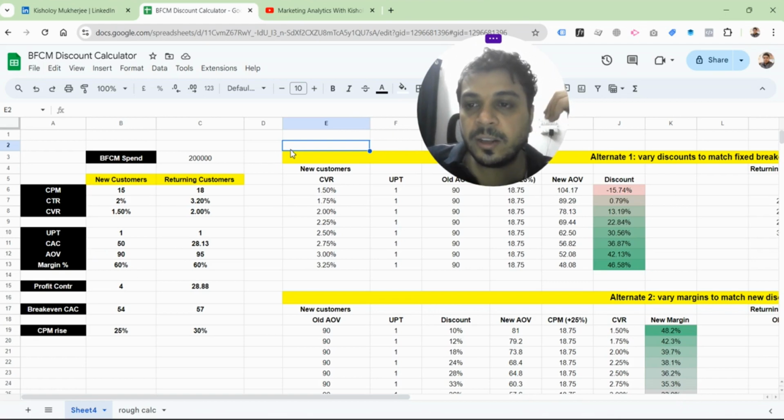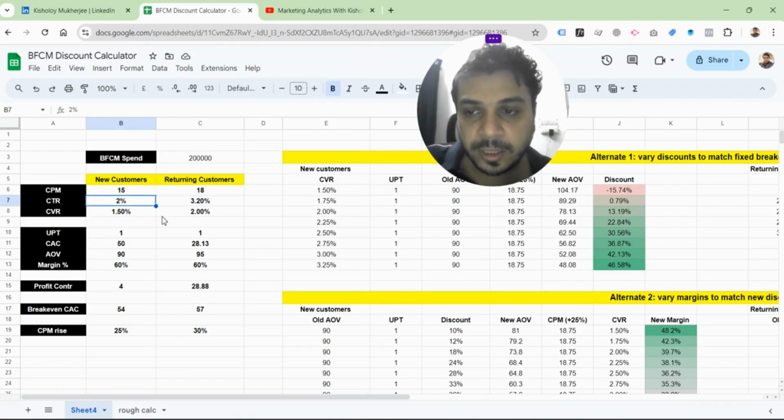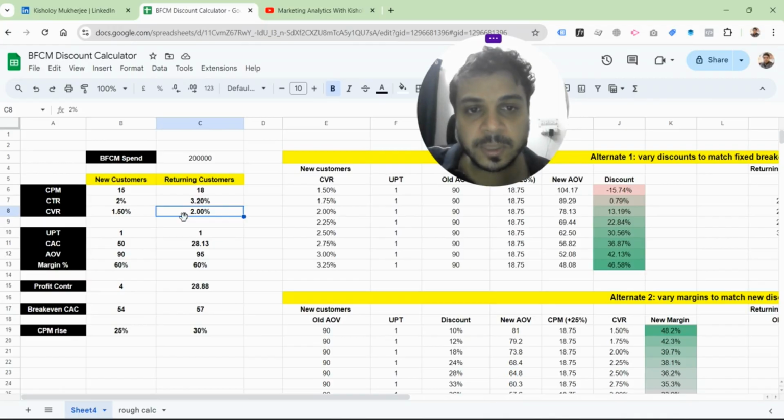So what I've done here is that I've first jotted down some of the threshold numbers for the metrics like CPM, CTR, and conversion rate for both new customers and returning customers separately. And you might notice here that the conversion rate is more for returning customers, and that makes sense, right?